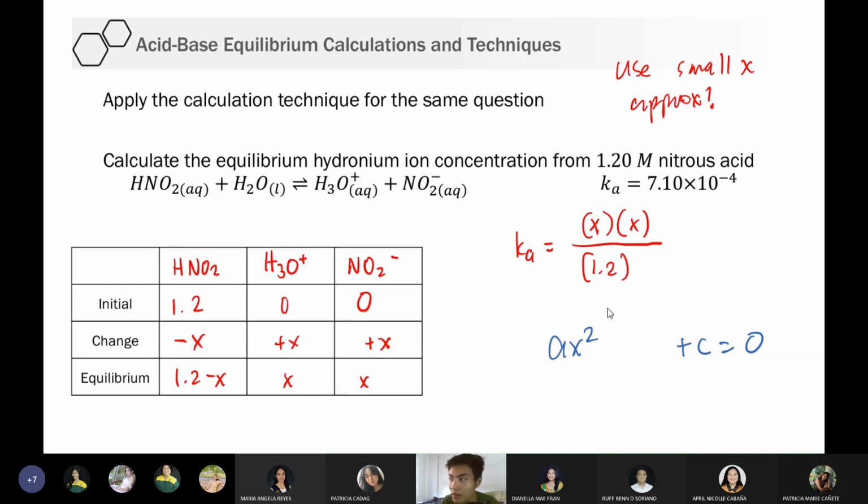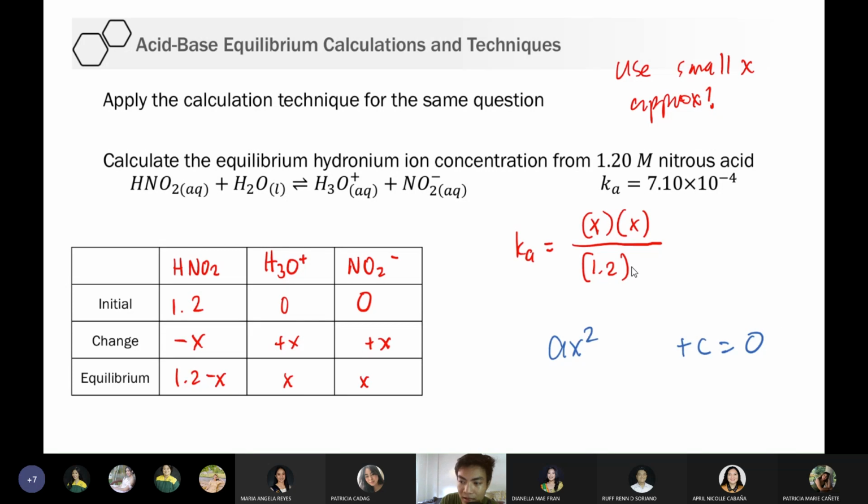Okay? So, yan. Again, bago ako mag-proceed sa pag-solve ng x, bakit ko binura yung x sa baba? Kasi pasok ako sa criteria for the small x approximation. That is yung concentration divided by K, if that's greater than 1,000, pwede mo to gamitin. Okay? So ano gagawin mo pag pwede gamitin yung small x approximation?